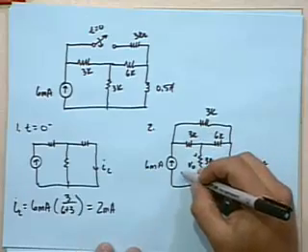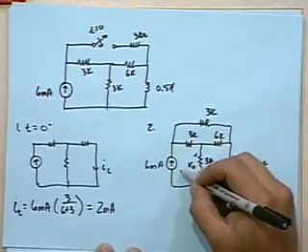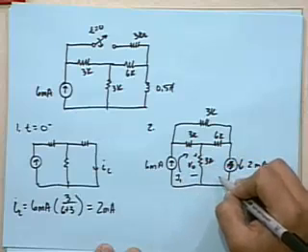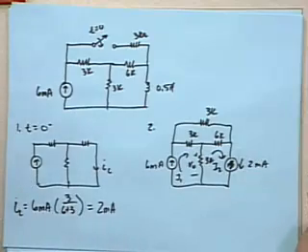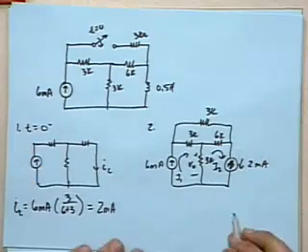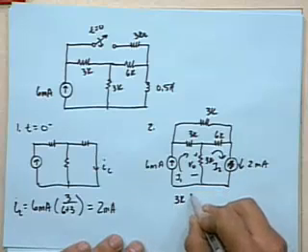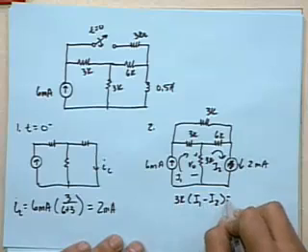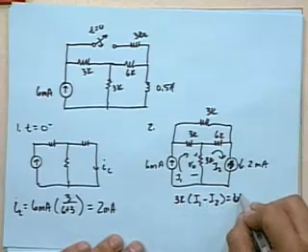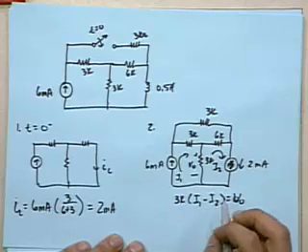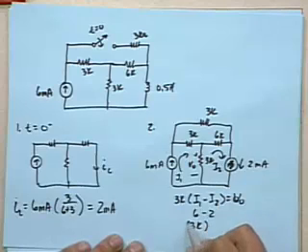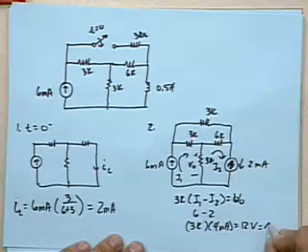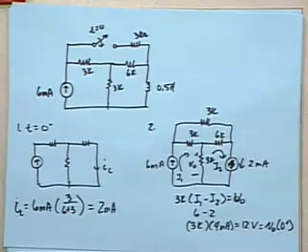In terms of a loop analysis, there's a current I1 going this way and a current I2 going this way, and we don't need to figure anything else out. So you've got 3K times (I1 minus I2) equals V sub 0. I1 is 6 milliamps, I2 is 2 milliamps, so it's 3K times 4 milliamps, or 12 volts. That equals V sub 0 at time 0 plus.